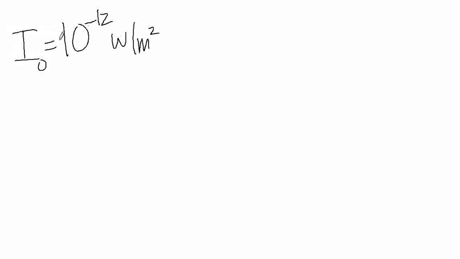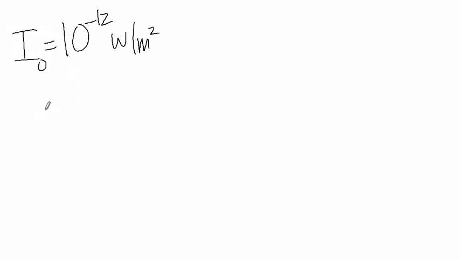The smallest intensity of sound that a human ear can pick up is approximately 10 to the minus 12 watts per meter squared. That's called the threshold of hearing, and let me refer to it as I naught.